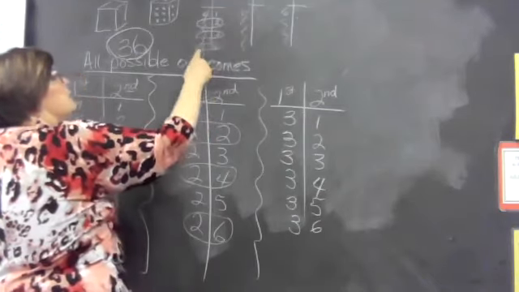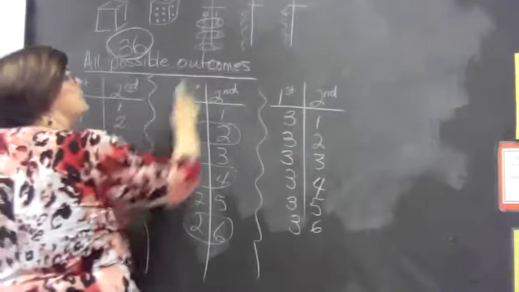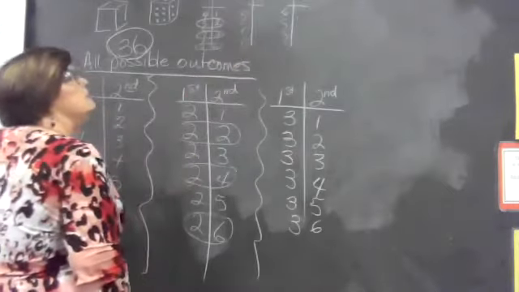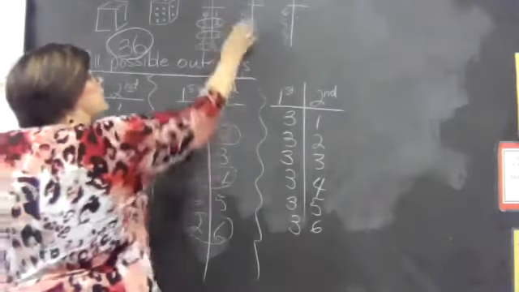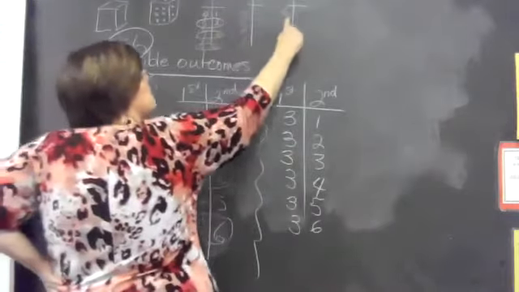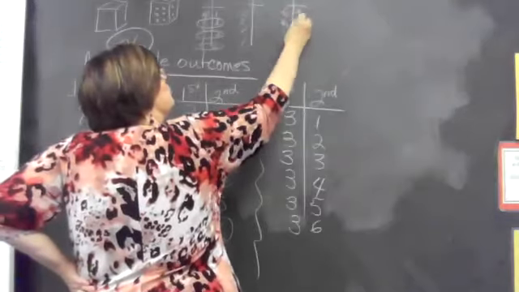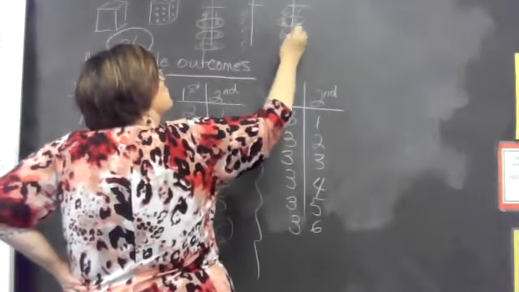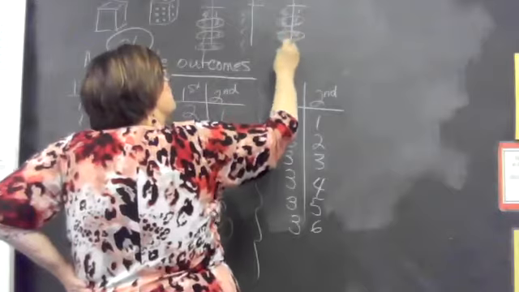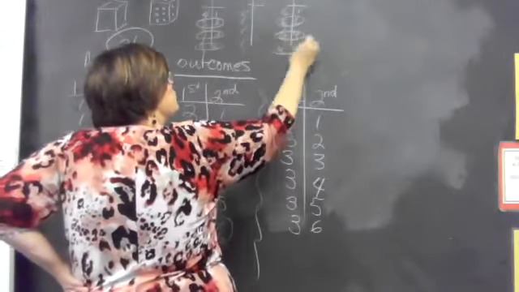That's where both of them are even. Is 5 an even number? No. So none of those work, but 6 is. 6, 1 doesn't work, but 6, 2 works. 6, 4 works, and 6, 6 works. Are you guys with me?